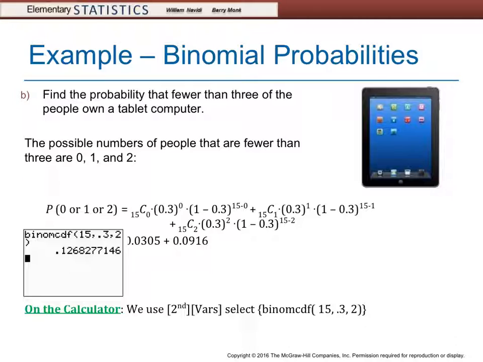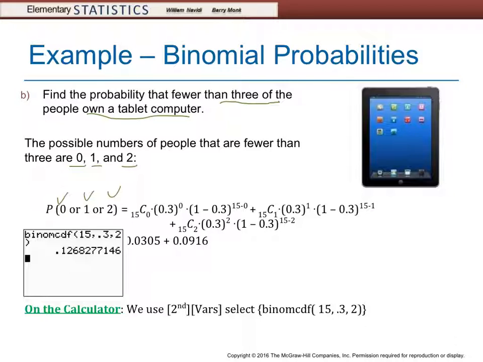So B says find the probability that fewer than 3 of the people own a tablet. The possible numbers of people that are fewer than 3 are 0, 1, and 2. So in this case, we have to calculate each of these probabilities separately.